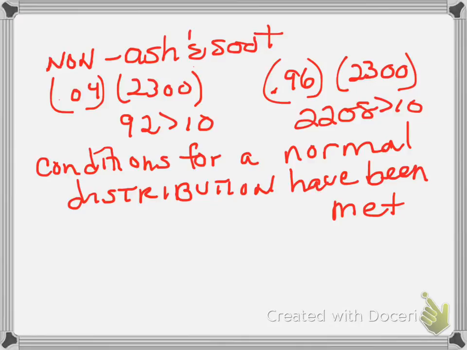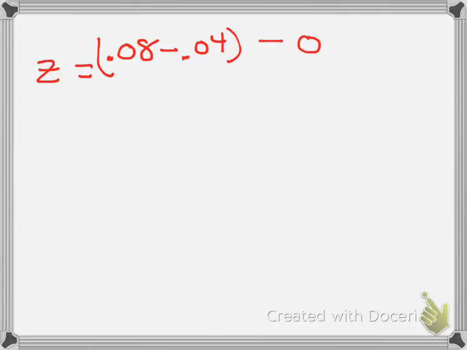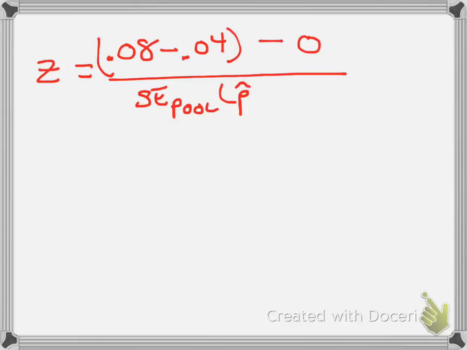Okay, so now I'm going to go do my z-score math. So z is equal to 0.08 minus 0.04 minus 0. You do have to say minus 0. And then all I want you to do is do pool. Okay, I'll find out what that is when I go do my calculator.